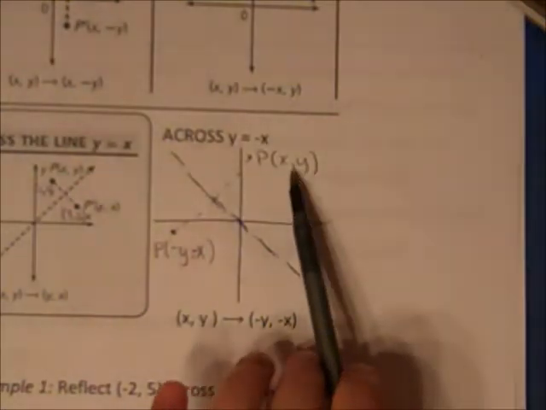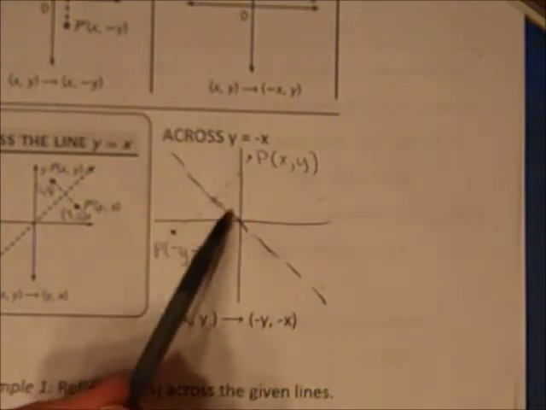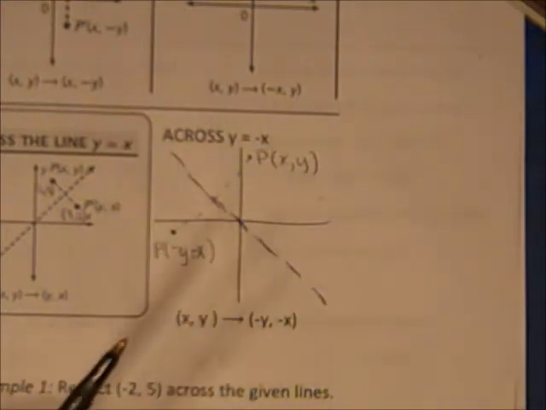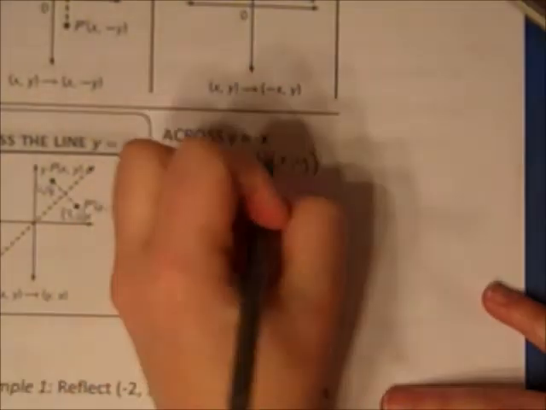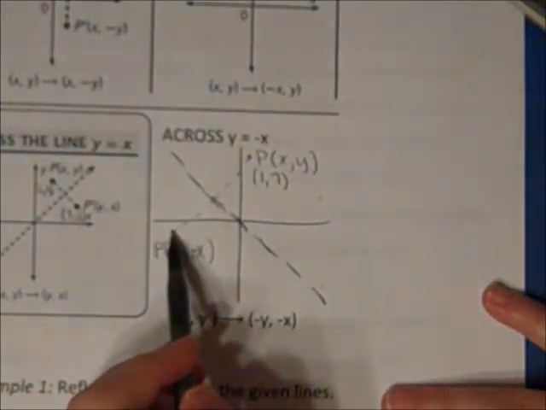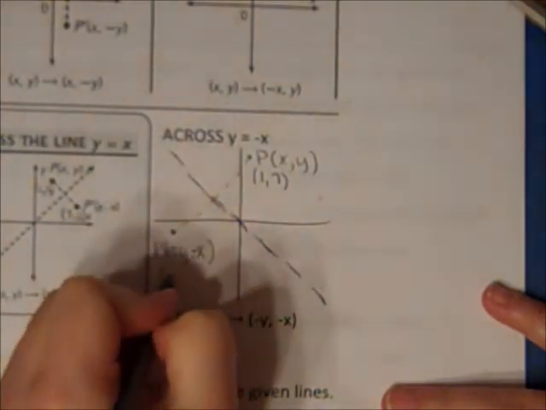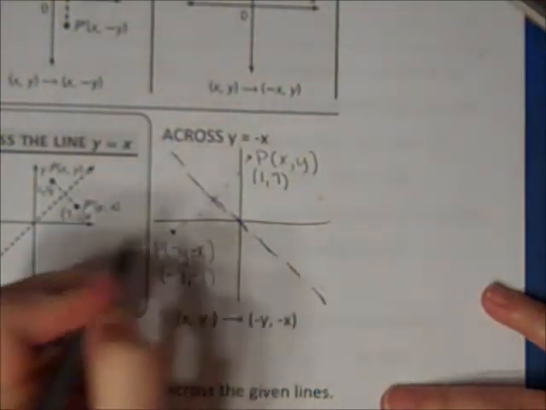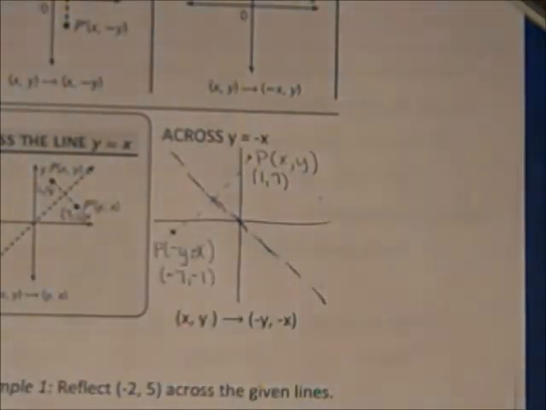When you switch them, they still swap places, x becomes y and y becomes x, but because of the negative slope, now they change signs. So let's say this coordinate over here was (1, 7). When it switches over here, now it's in quadrant 3, so it's (-7, -1). They swapped places and they became negative.